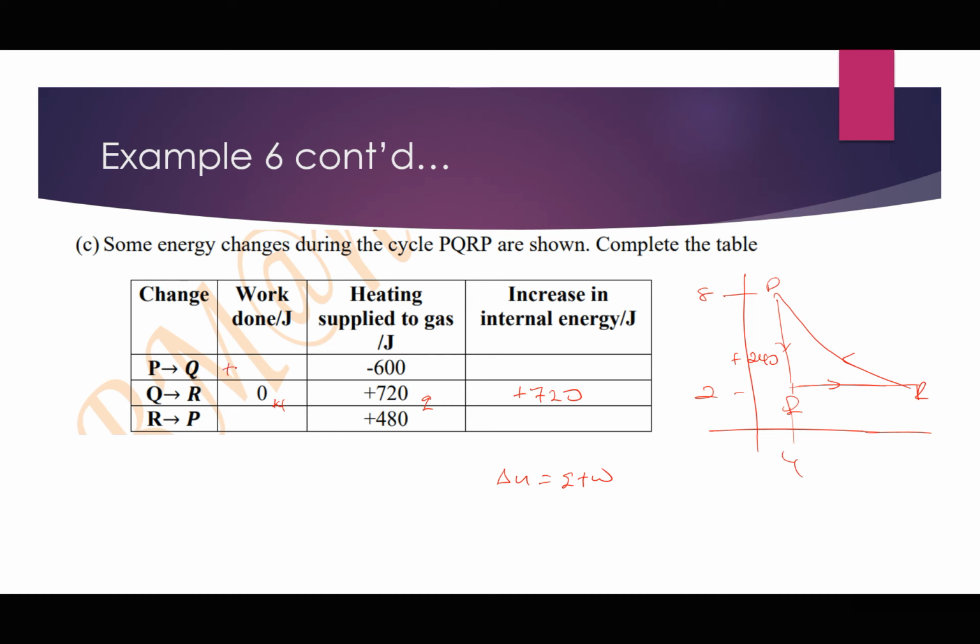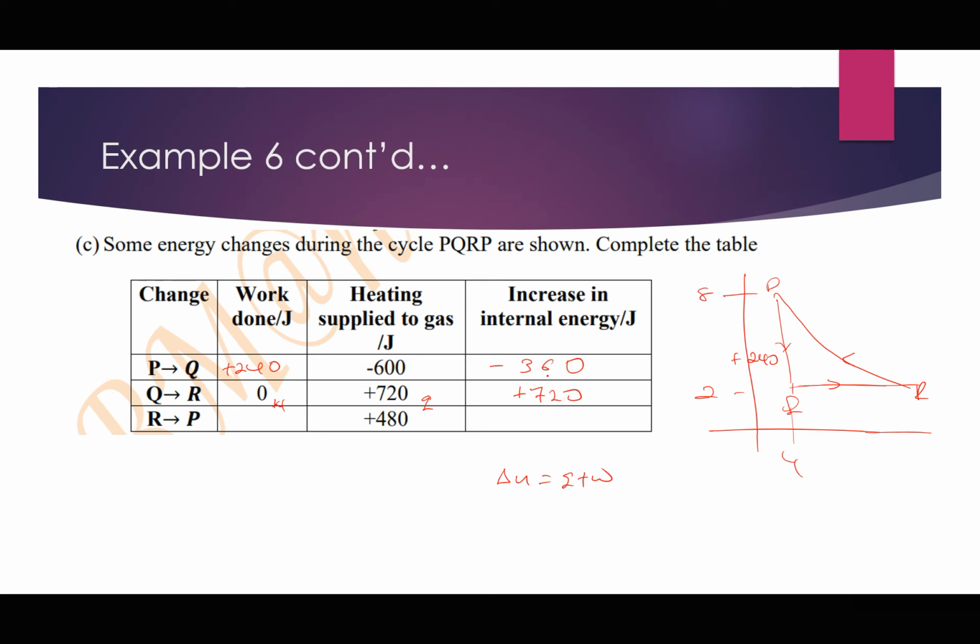So this will be plus 240. Using this formula, we have 240 plus negative 600 should give us the change in internal energy, so this is going to give us negative 360.